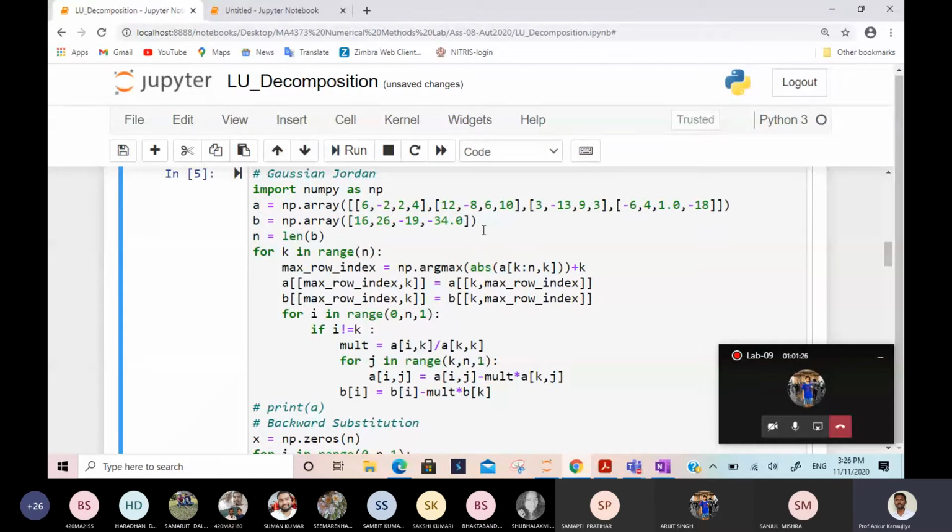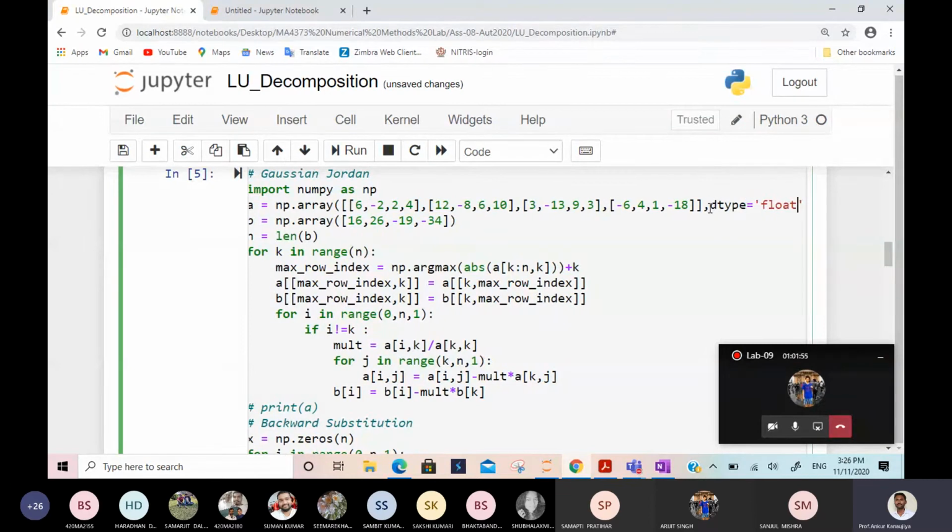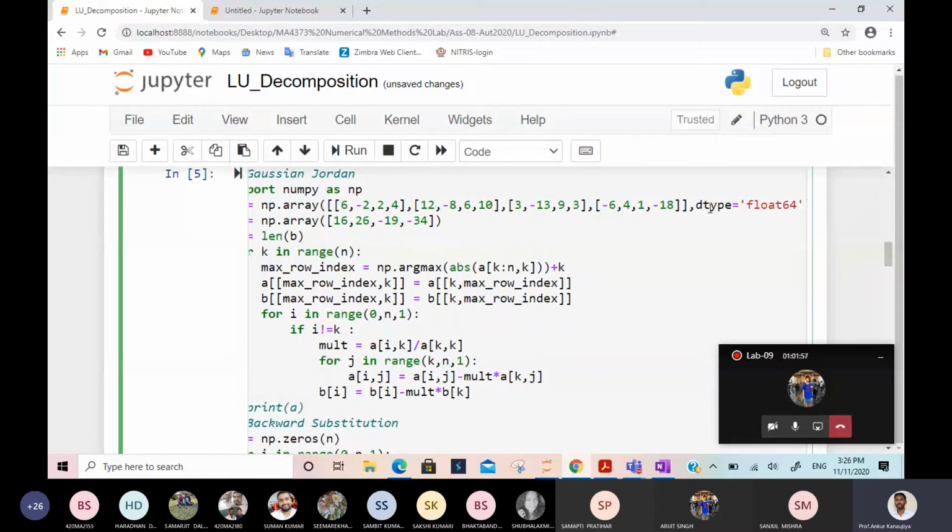There is another way also. You can manually define the data type, like someone said, that it is a decimal type. Now I will keep the entries as they were previously given. Now I will write here the data type; in Python you can write dtype equal to float. It is 64, like 32-bit, 64-bit.